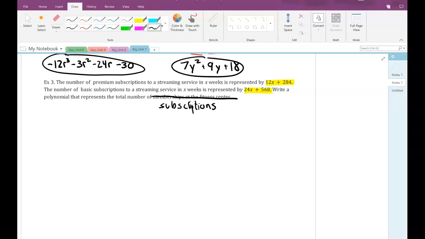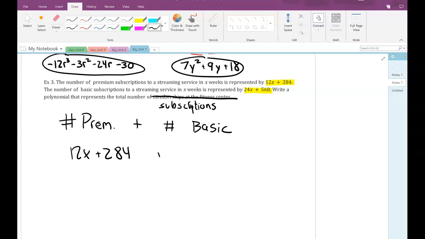All right. So to find the total number of subscriptions, that would be like taking the number of your premium subscriptions, plus the number of basic subscriptions you have. So we would take the 12x plus 284 plus 24x plus 568.